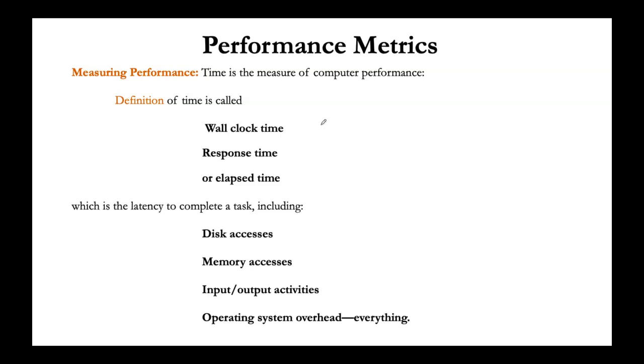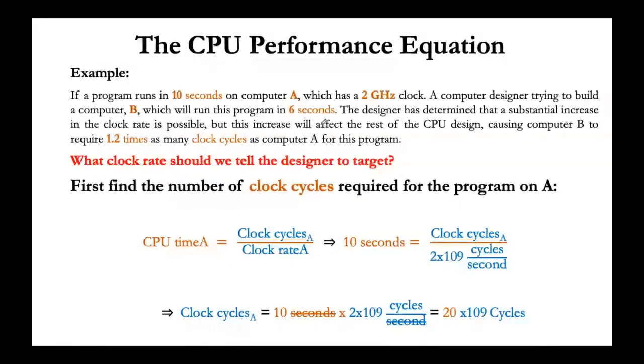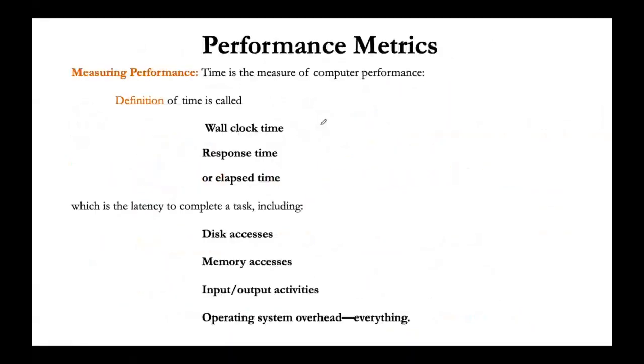This time is measured with respect to a global time standard. So we name it according to a common object such as your wall clock. Yes, this is also called your elapsed time.